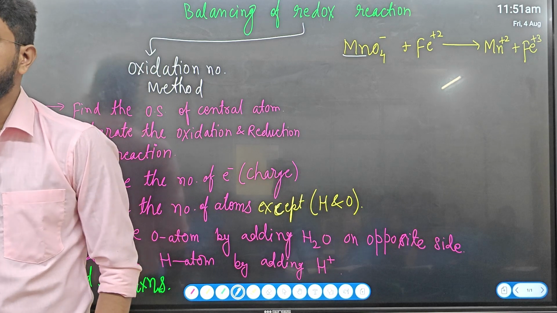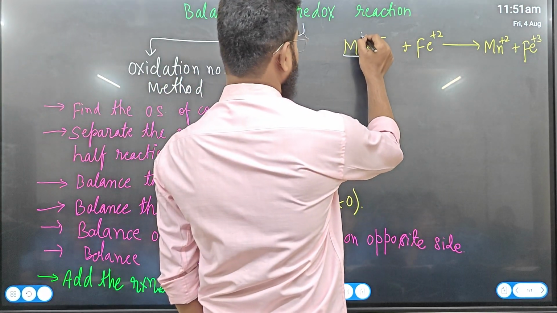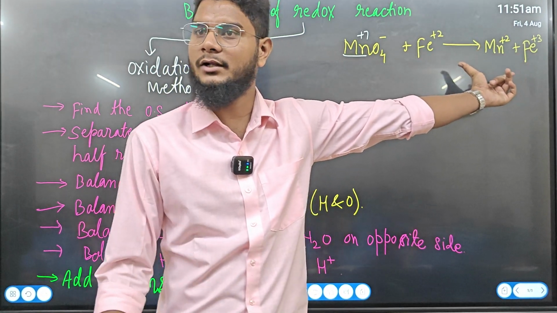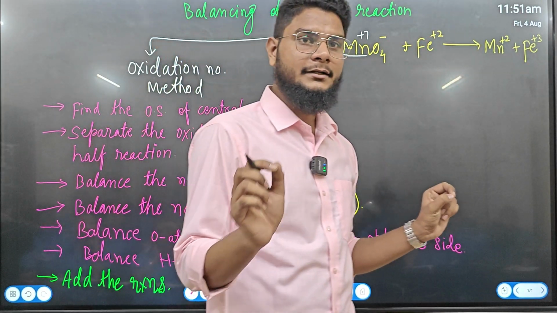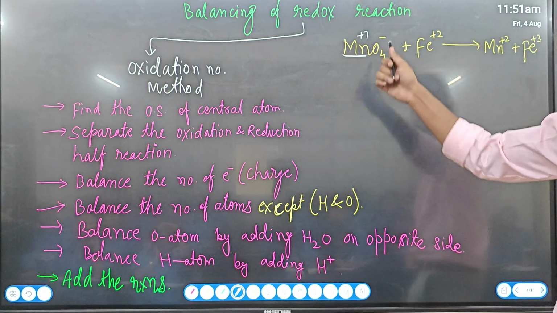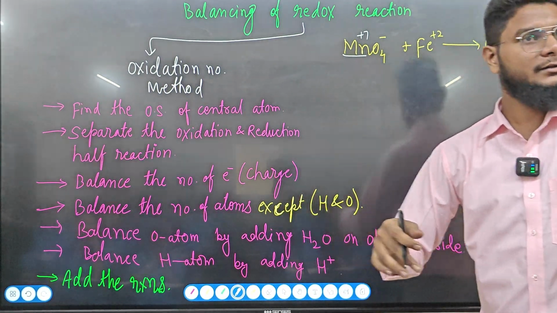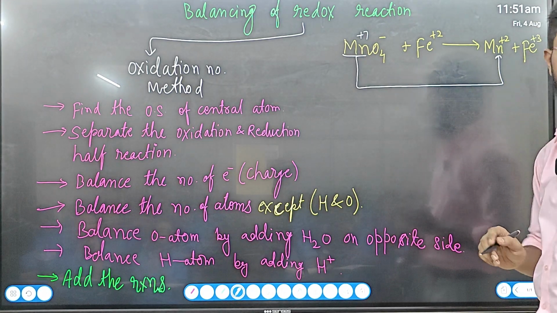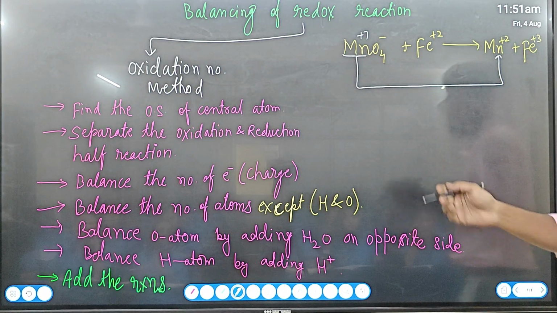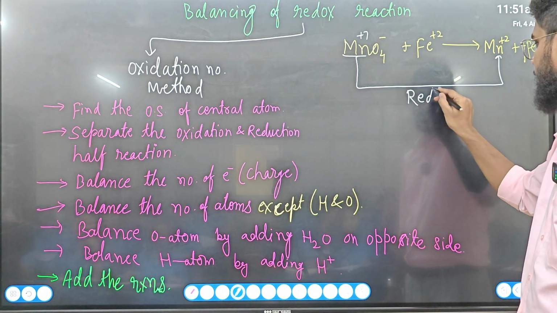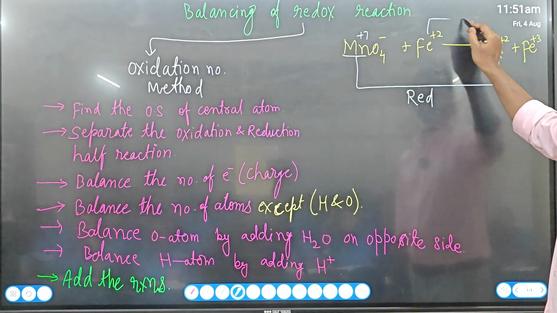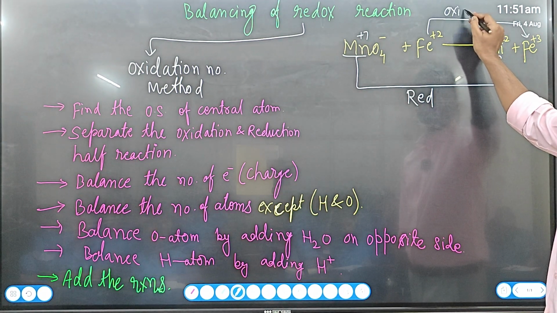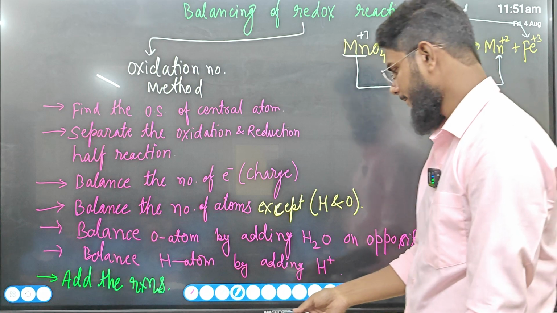What will be the oxidation state here? Plus 7. And all other atoms' oxidation numbers are already given. Now identify where oxidation happened and where reduction happened. Plus 7 to plus 2, what is this? Reduction. Very good. Plus 2 to plus 3, oxidation. Right?